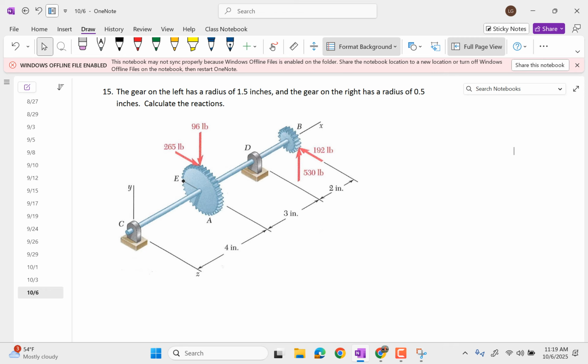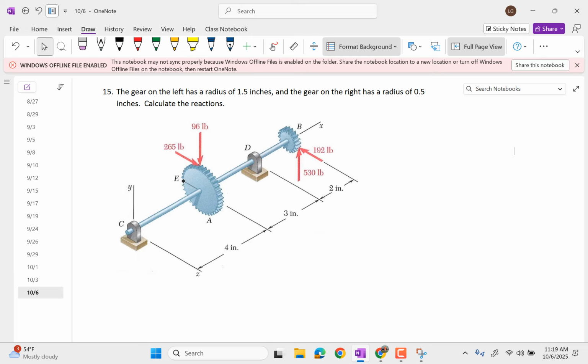Okay, so notice that this thing is free to rotate around the x-axis, and these moments aren't going to add up to be 0. So this thing is just doing its thing around the x-axis. We can't set that one equal to 0.